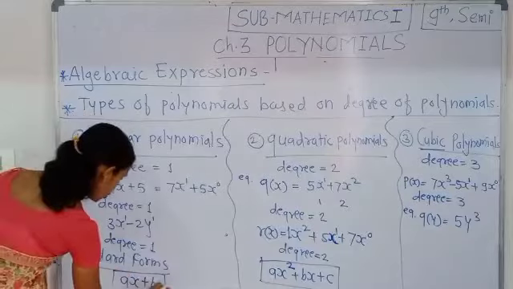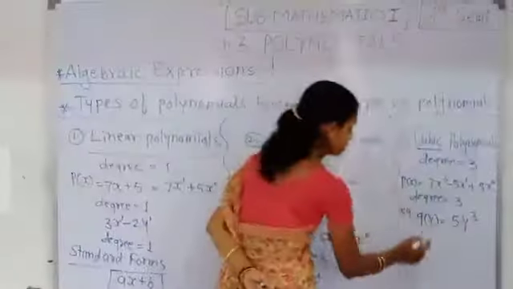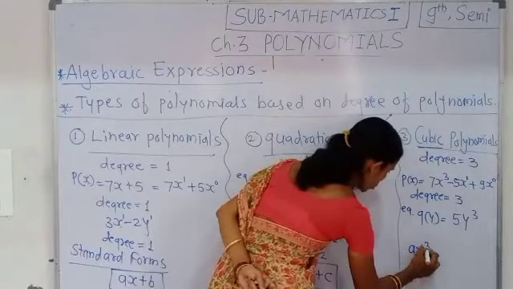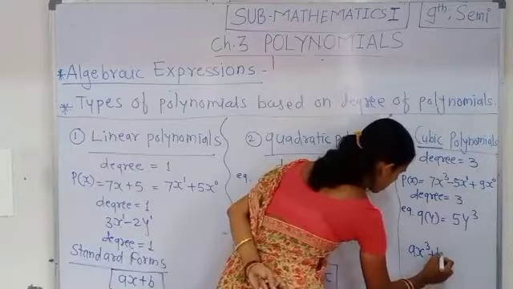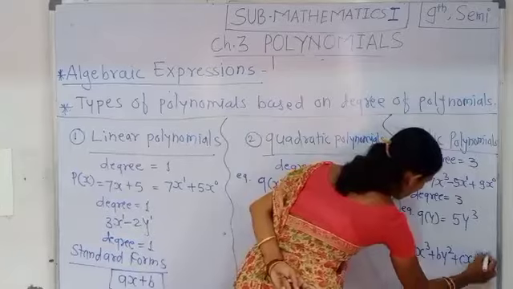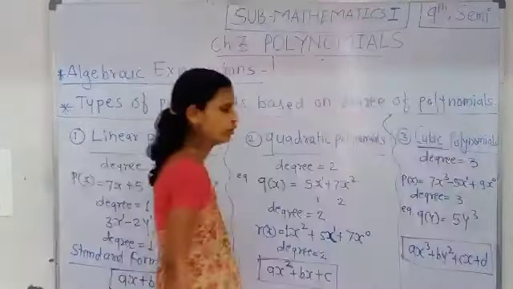And the standard form of a cubic polynomial is ax cube plus bx square plus cx plus d. That is the standard form of a cubic polynomial.